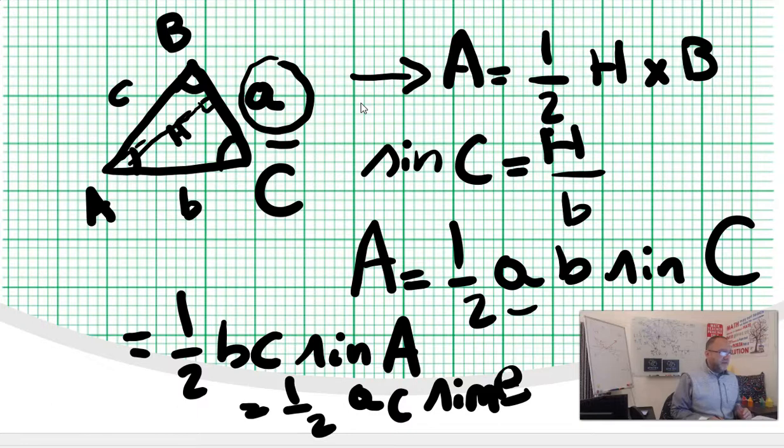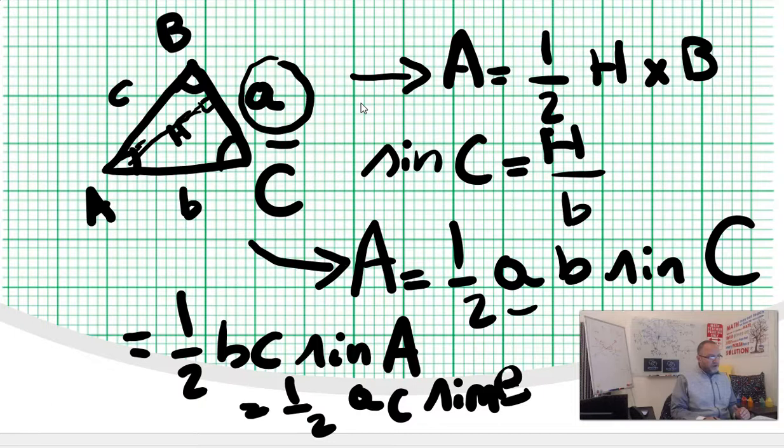If A is the base, I draw a perpendicular from vertex A all the way to base A, and this is my height. And I write what I learned in middle school: area equals half of height, which is in this situation what? Sine of C. See that right triangle that we formed when we drew the perpendicular?